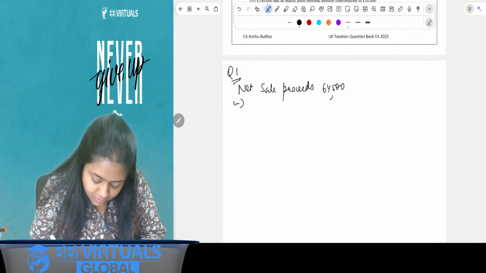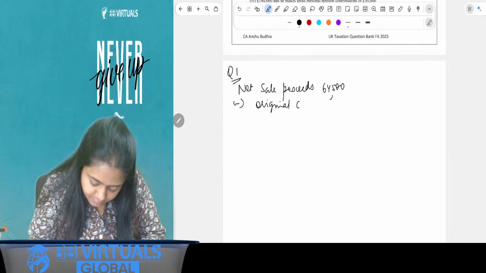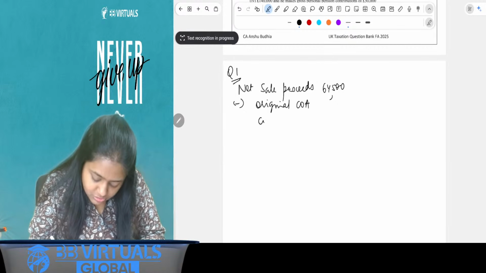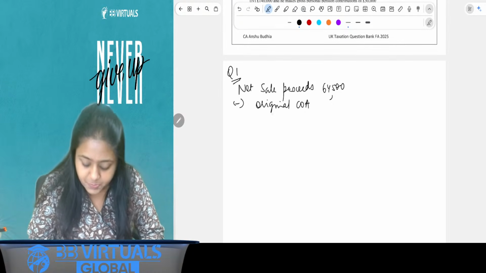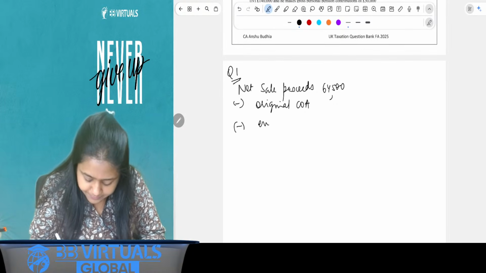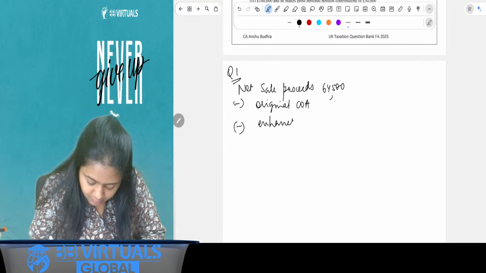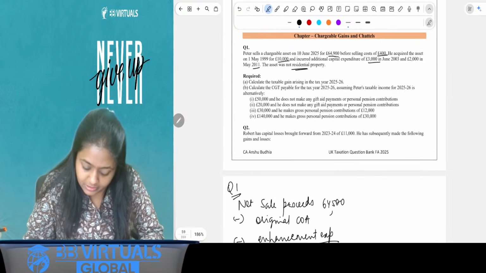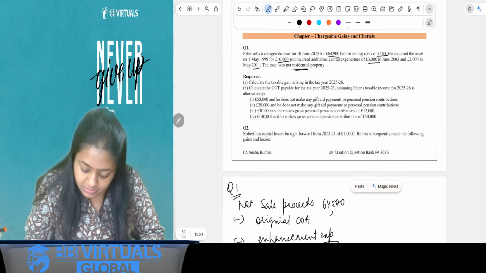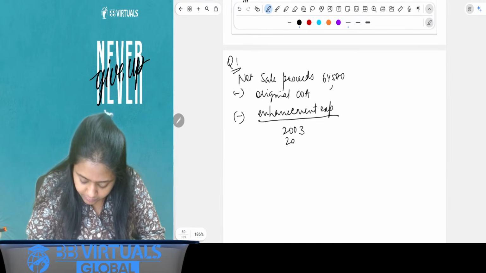Now less we will do original cost, then cost of improvement or enhancement expenses. We can call it enhancement expenses also, right? First enhancement expenditure is of the year 2003 and then 2011.